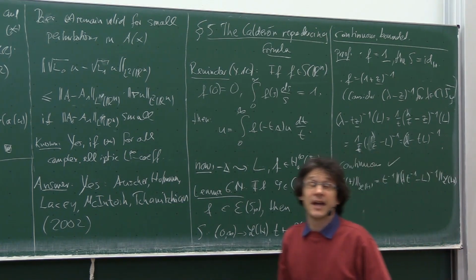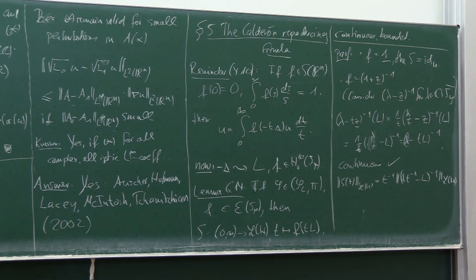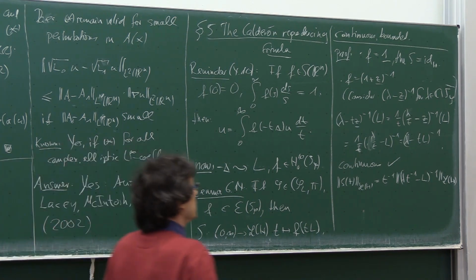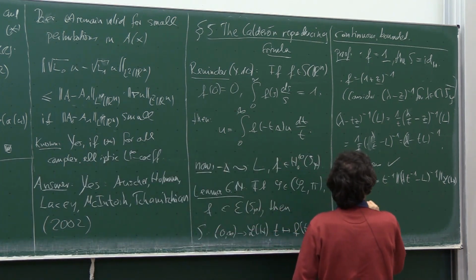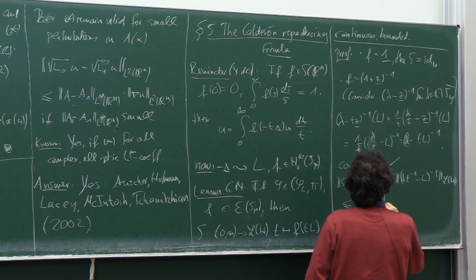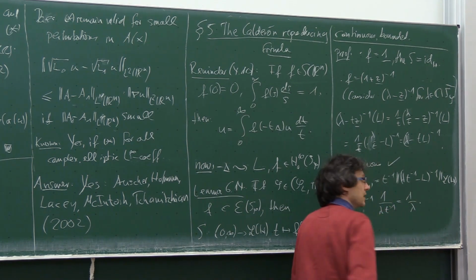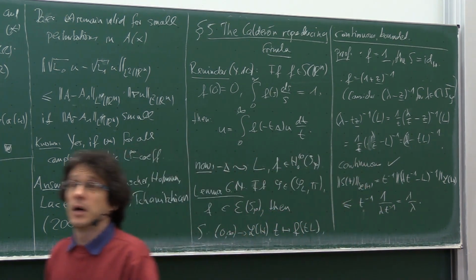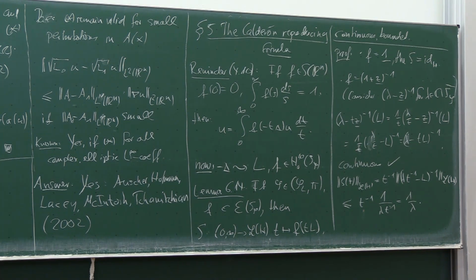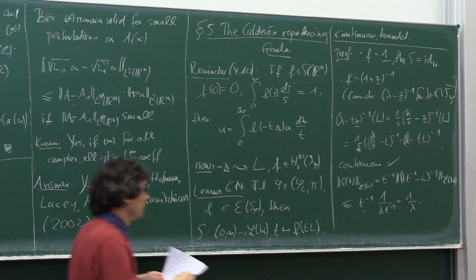Okay, and now our operator L is sectorial, so the norm of the resolvent goes like 1 over the resolvent parameter. So by sectoriality, this is less than t to the minus 1, 1 over lambda t to the minus 1, or shorter 1 over lambda, and this gives you a bound. Okay, so it's also bounded.